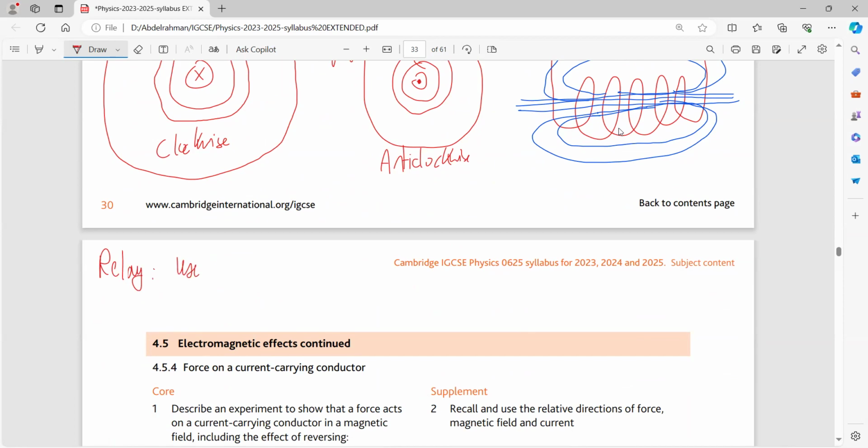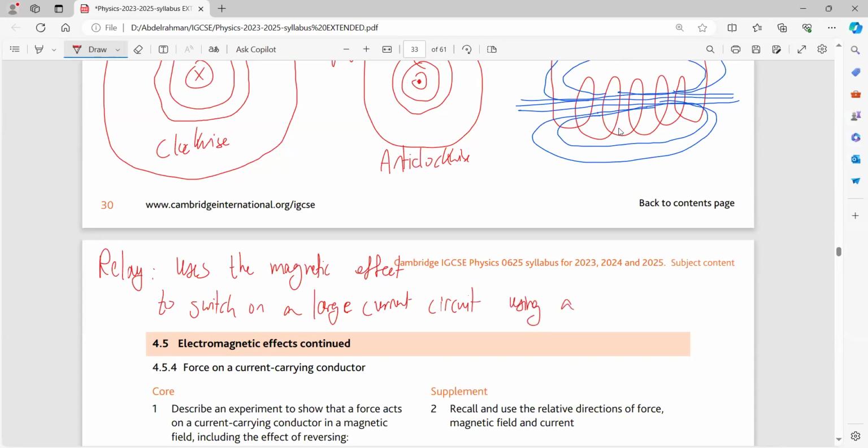It uses the magnetic effect to switch on a large current circuit using a small current circuit. Okay.